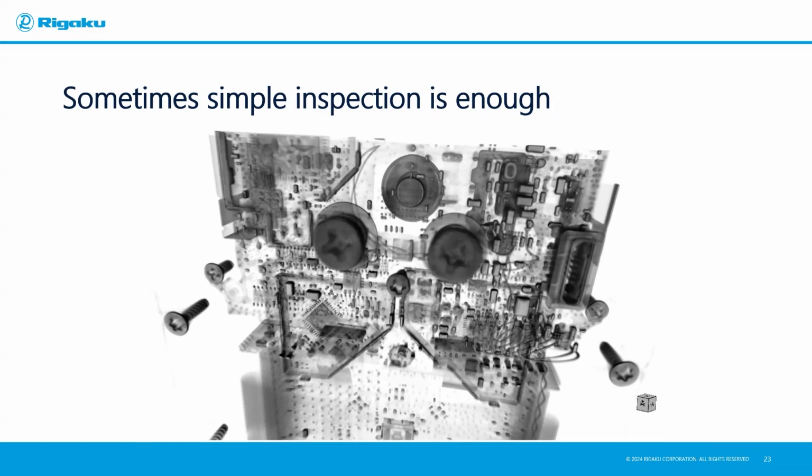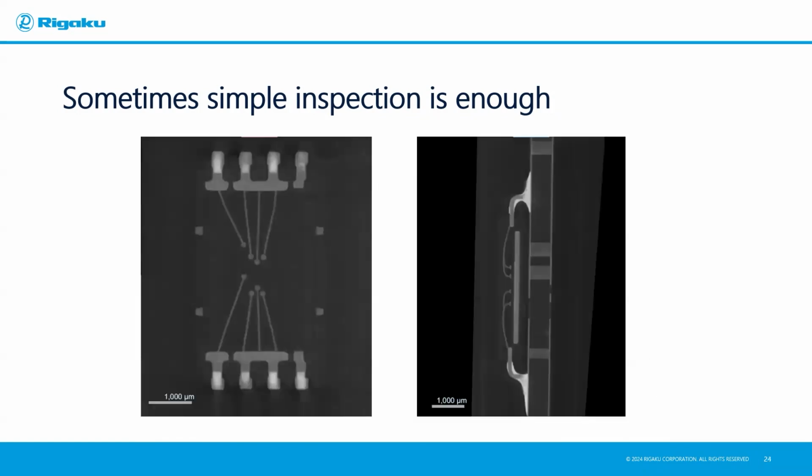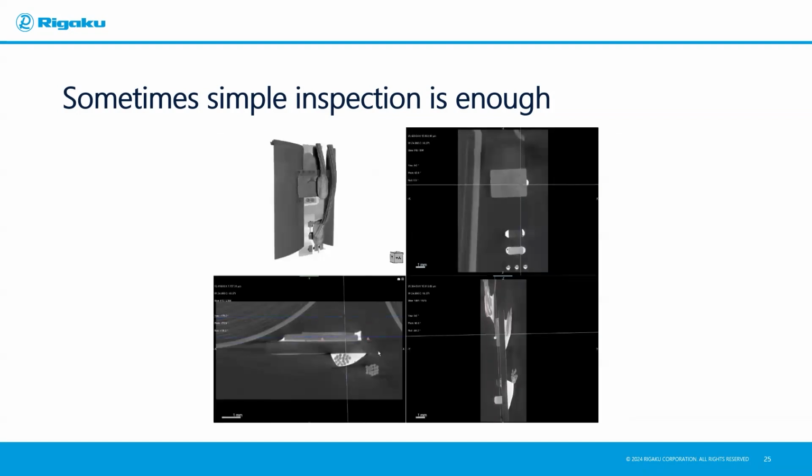inspection. And if you need to dive in a little deeper, you also have 2D capabilities to interrogate your 3D data. So for example, you might be looking for breaks in the wiring or other components. And generally, every vendor of X-ray CT equipment is going to have some tool that allows you to have a look at it in 2D and see what's going on inside.